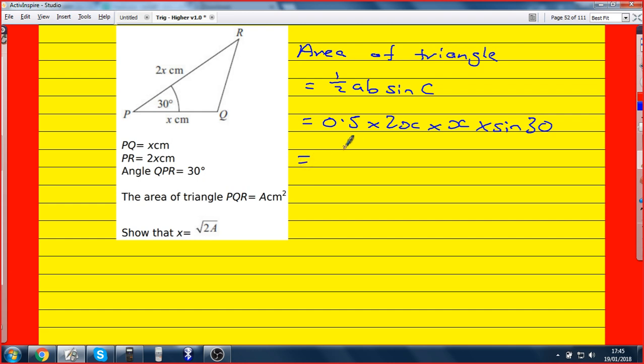Okay, so how do we simplify this thing? This is the area, and they said the area of a triangle is A, so that's A equals, because that's the area. How do we simplify this right side? Is there anything we can simplify? I just mean this bit here.